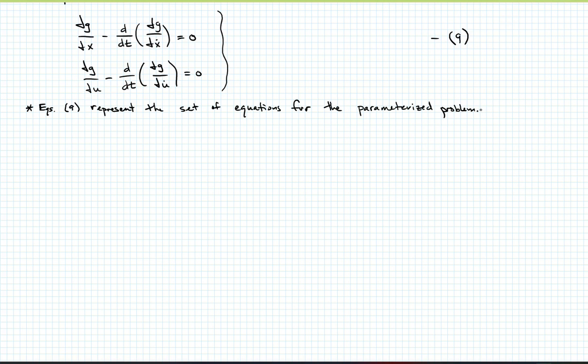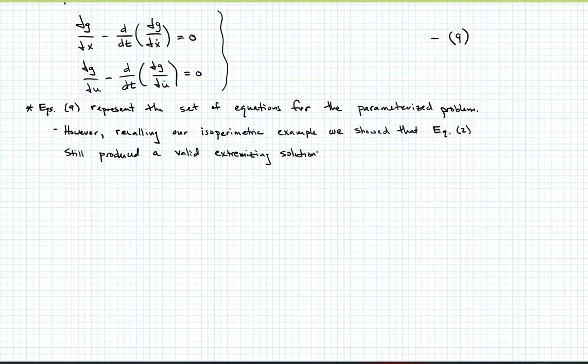However, if you think back to our isoperimetric example, we showed that using equation 2 still produced a valid extremizing solution. And in fact, this wasn't necessarily a single valued function.